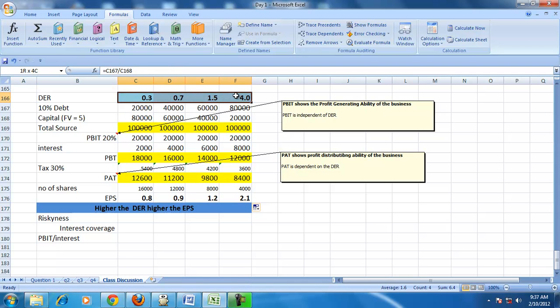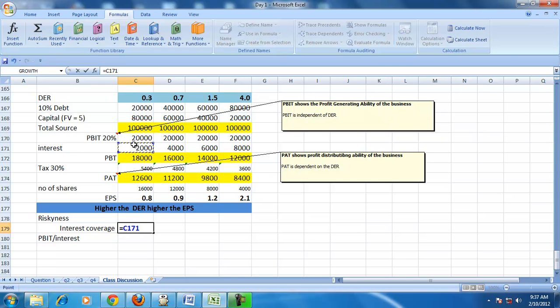But with the change in the debt equity ratio and constant PBIT, increasing interest, the riskiness of the firm, which is reflected by the interest coverage ratio, calculated as PBIT by interest, will reduce.